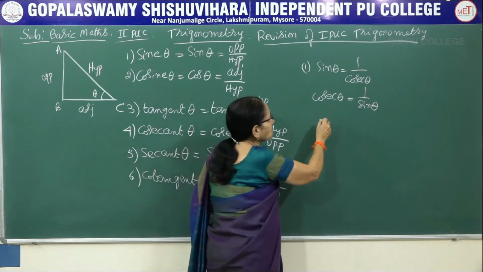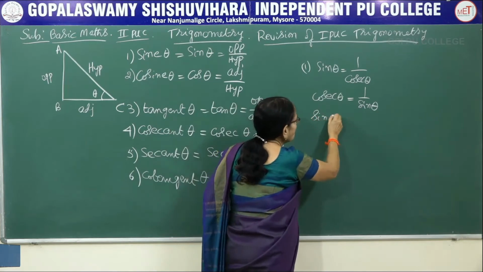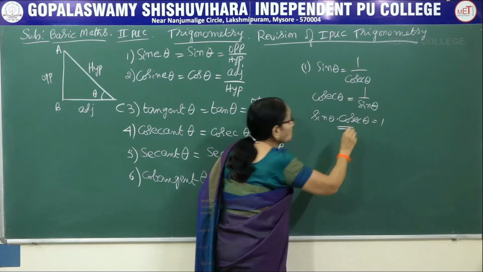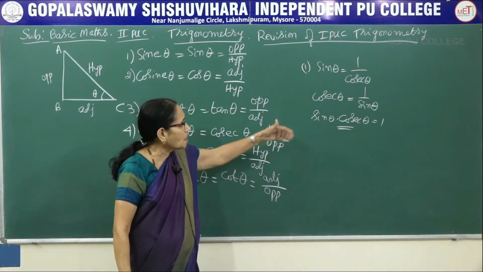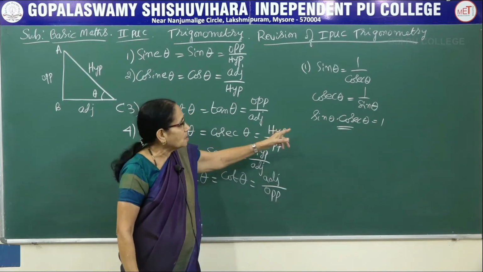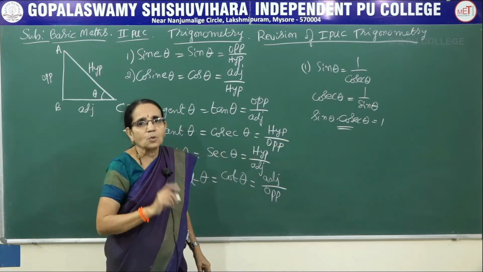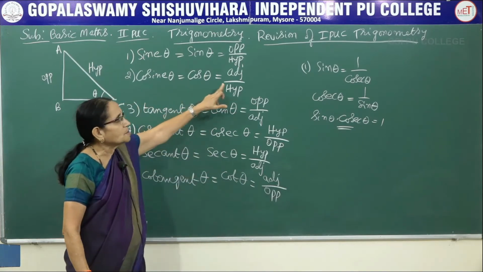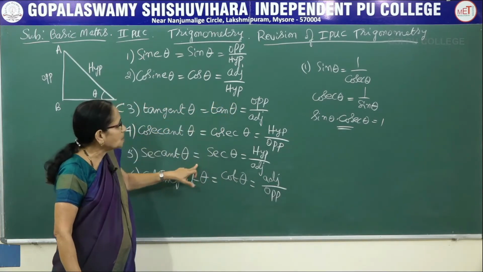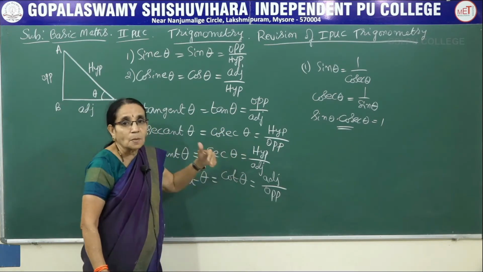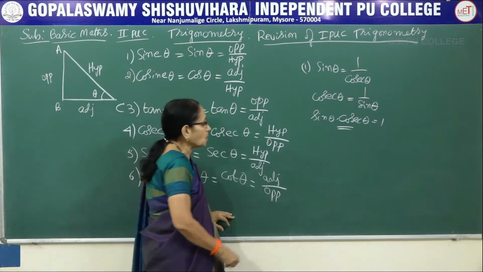Suppose you take the product of them, that is sin theta into cosecant theta. What do you get here? The product is 1. Wherever you come across a product like this, but of the same degree, sin theta into cosecant theta, the value is equal to 1. Similarly, cos theta is adjacent by hypotenuse and secant theta is hypotenuse by adjacent. They are also another pair of reciprocal ratios.